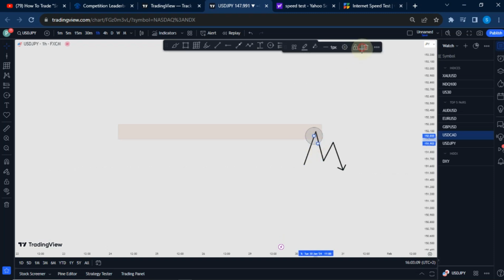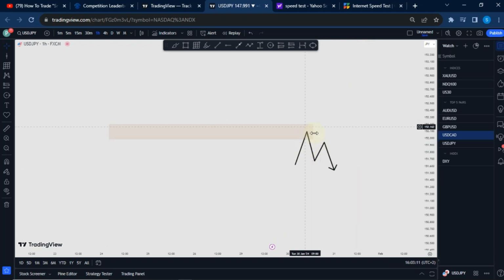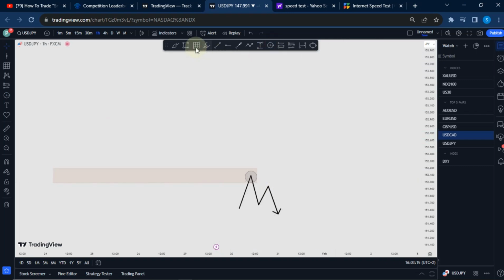Then once we get to our medium time frame, let's say price has tapped here on a 4-hour, what happens is that on a 1 hour, we're going to be waiting for a change of character. We're going to be waiting for something like this to happen.